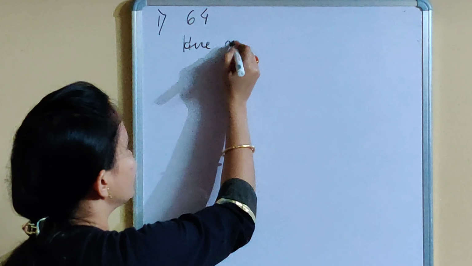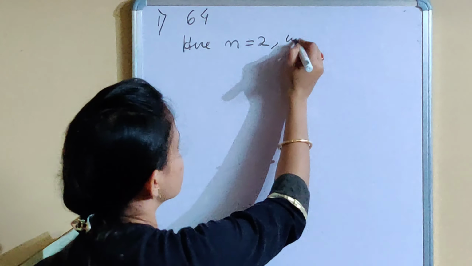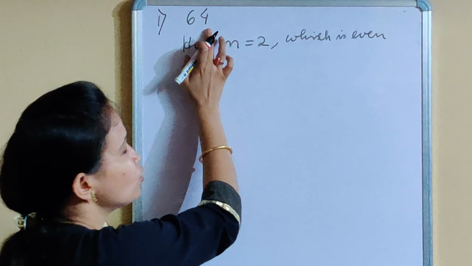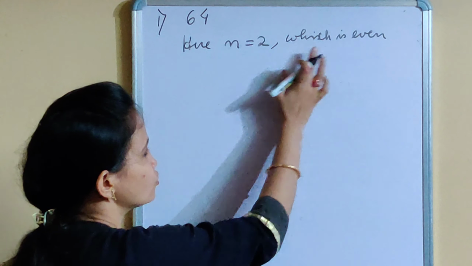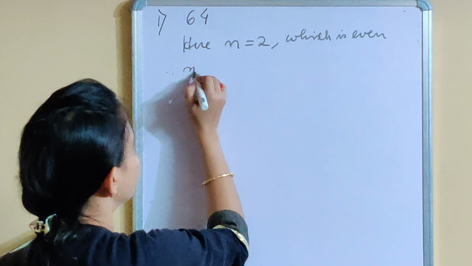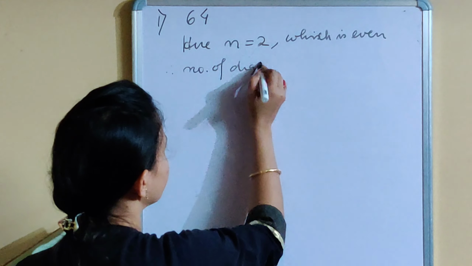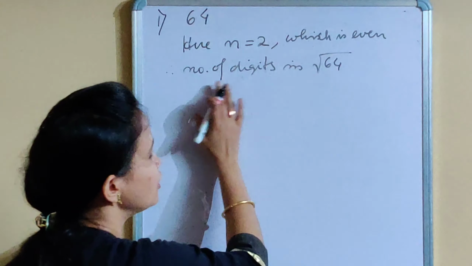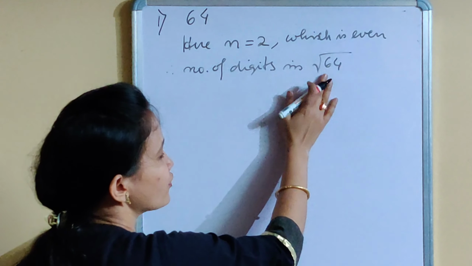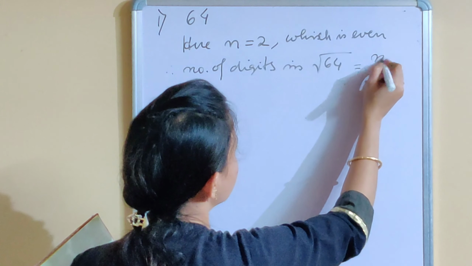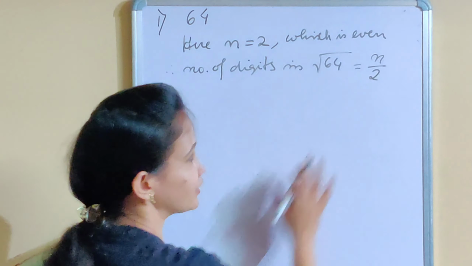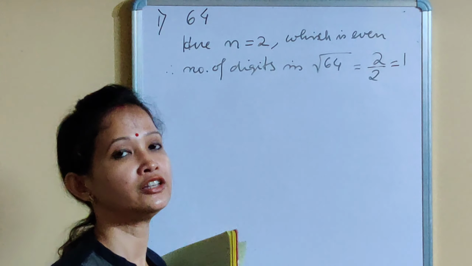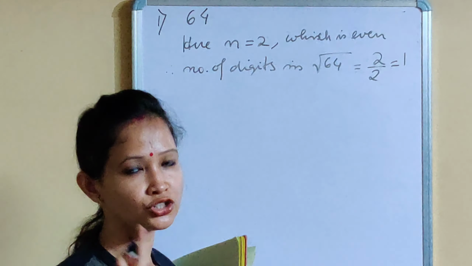Here n equals 2, which is even. So therefore the number of digits in the square root of 64 is equal to n by 2. Our formula was that, here n is equal to 2, so it is 1, and also the square root of 64 is 8, which is a 1-digit number.